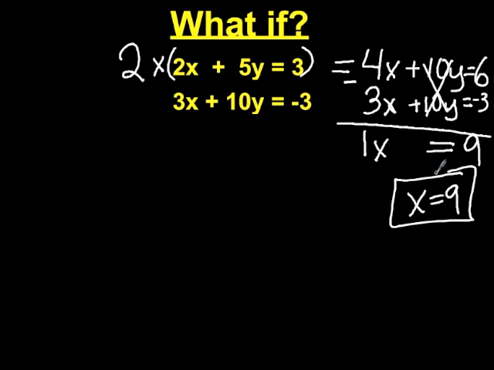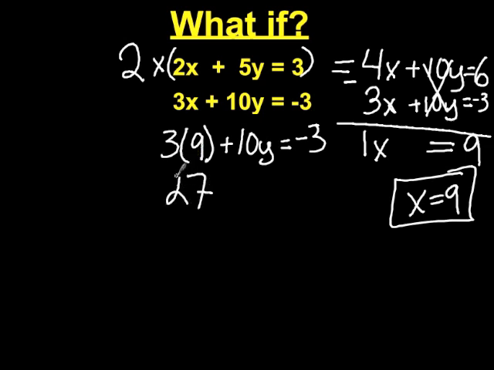So we've solved for this. Now what we can do is substitute it back into our equation, and we can solve it for our y. So I'm just going to plug it into the bottom equation. 3 times 9 plus 10y equals negative 3. 3 times 9 is 27, plus 10y equals negative 3.